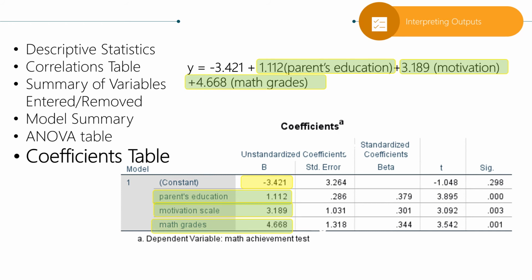I can now use this model to predict the math achievement Y of a student given information or data on their parents' education, their individual motivation, and their math grades. With these values, I could estimate an expected math achievement score.